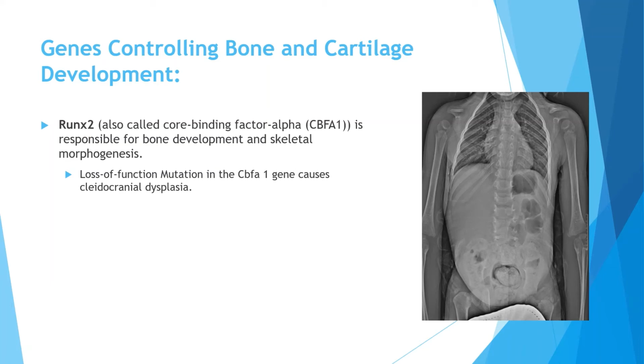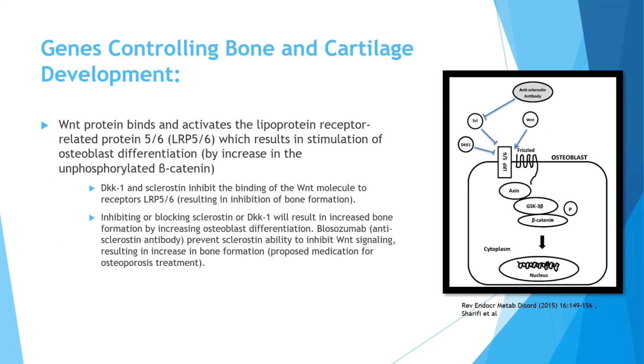Another very important process in the osteoblast differentiation is the Wnt protein. The Wnt protein activates the lipoprotein receptor related protein 5 and 6, called LRP5 and 6. When the Wnt protein binds to the LRP5 and 6, there will be an increase in the unphosphorylated beta-catenin.